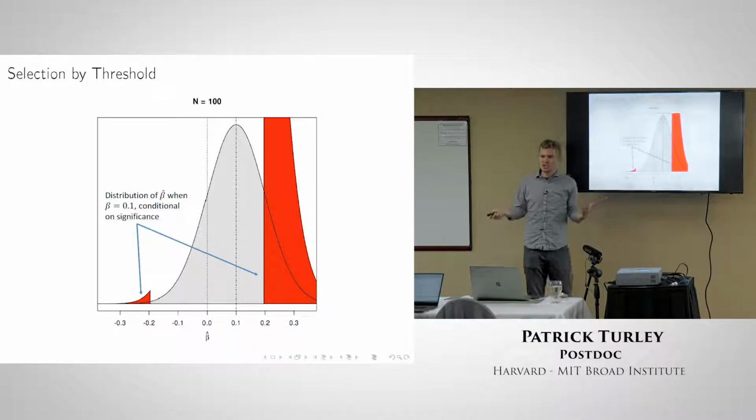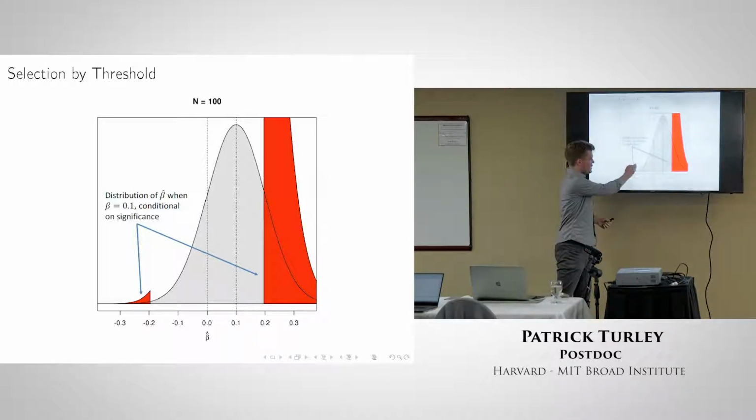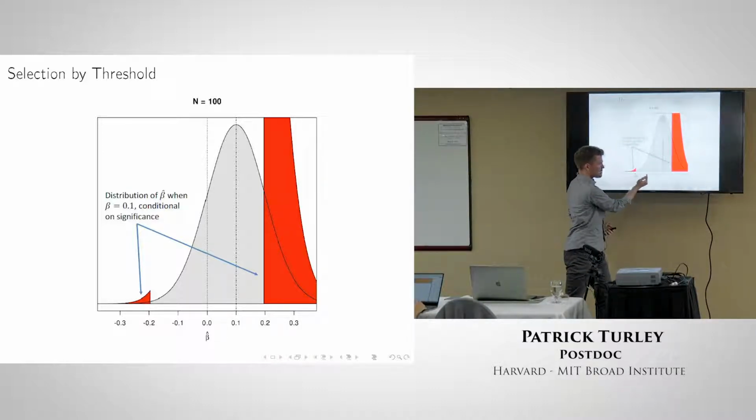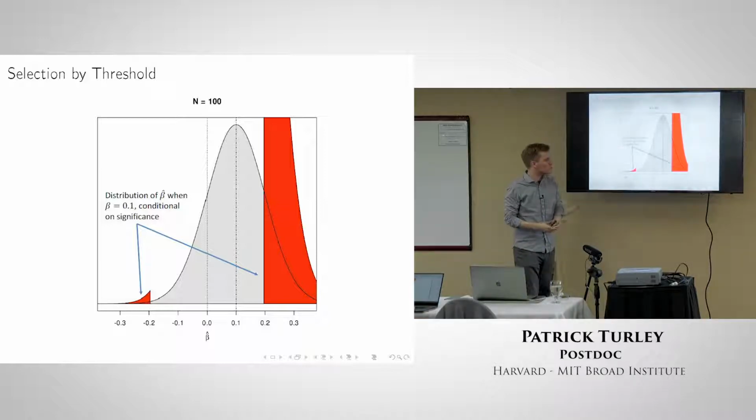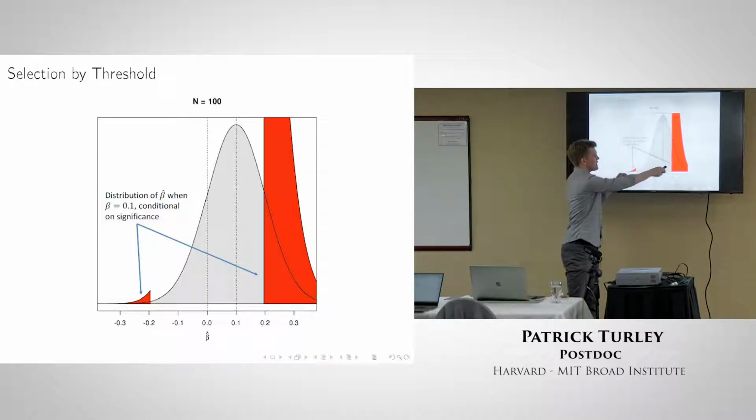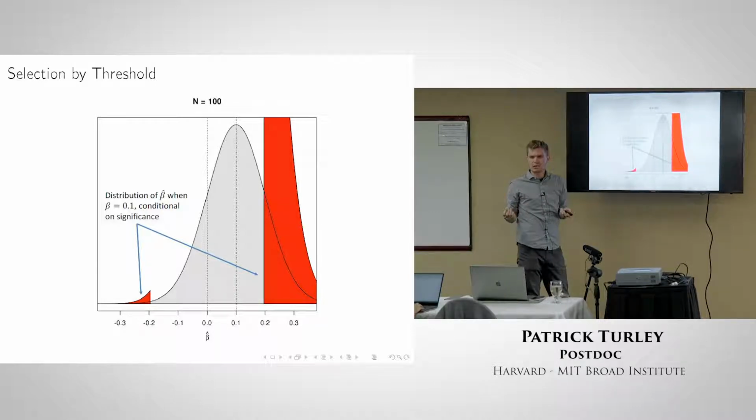But if we're conditioning on it being significant, then I'm going to throw out anything that is between negative 0.2 and positive 0.2. I'm deleting all of that. The new distribution has this big chunk out of the middle. These parts get inflated just so that it integrates to 1.